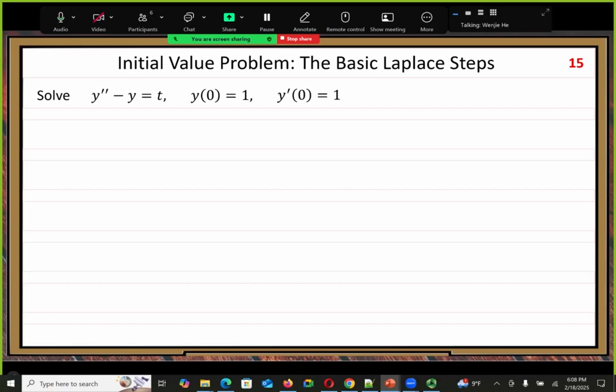After that, we add that t back. Now we find the general solution for the non-homogeneous version, because we will have two unknown constants in the general solution. Then we plug in the two initial conditions, so we can find the values of those two unknown constants.